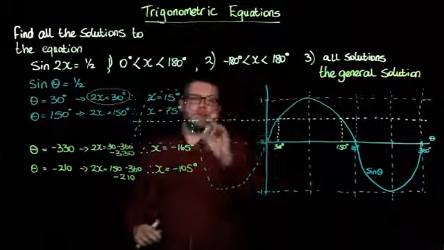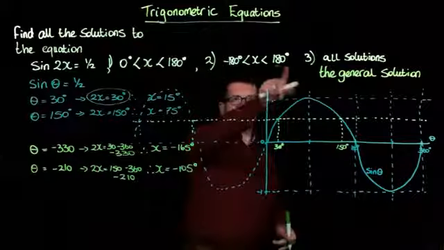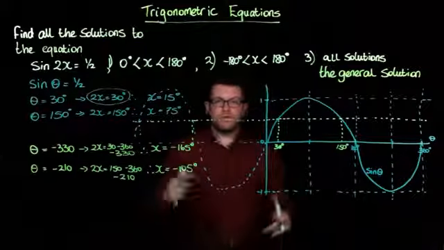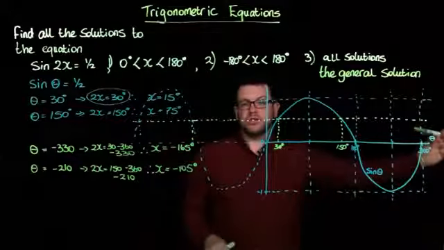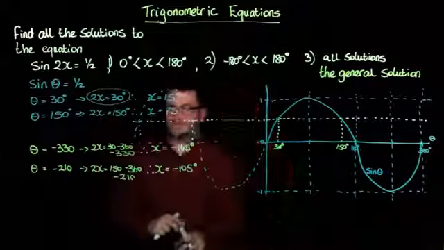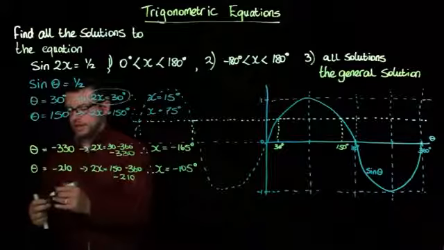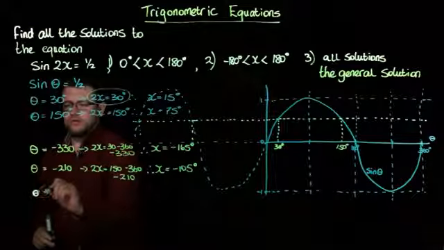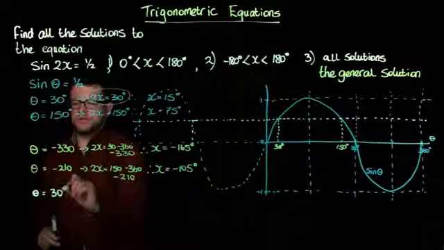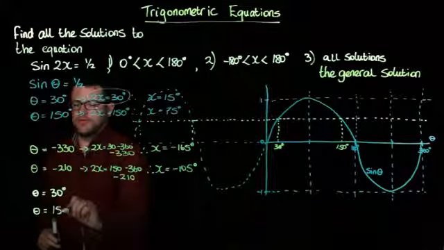And how many values at a half would you have? Well, as we saw when we extended it into this one, we just subtracted 360 degrees. We could have added 360 degrees if it was going in the other direction. So let's take a look at that. We have two values for theta: theta equals 30 degrees from our first solution, and theta equals 150 degrees.